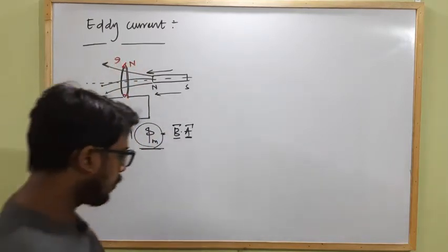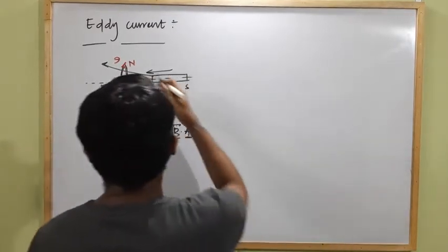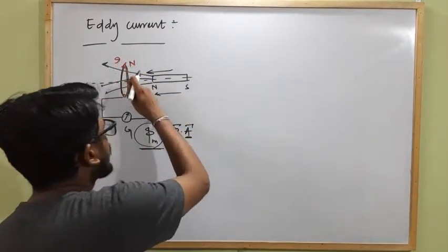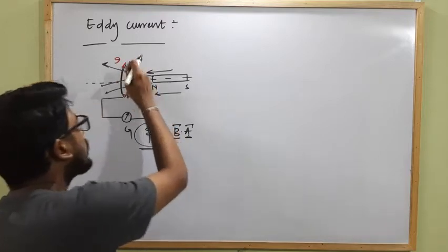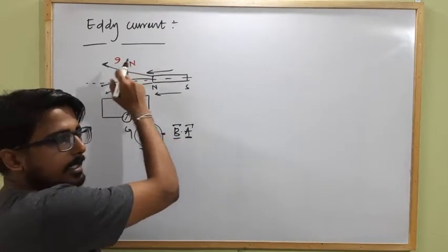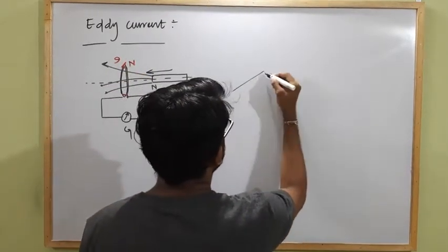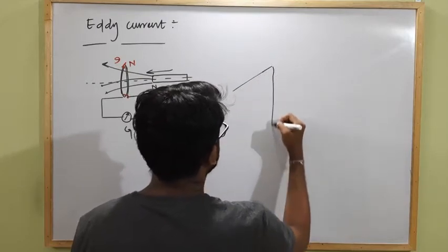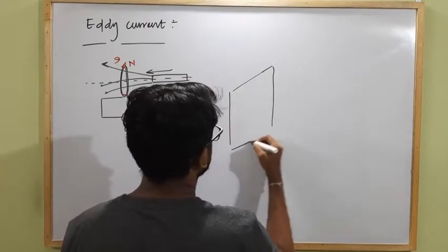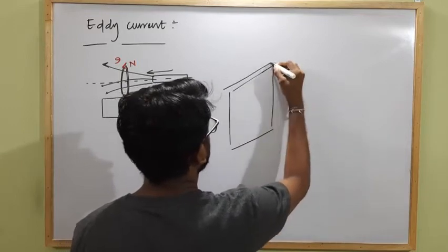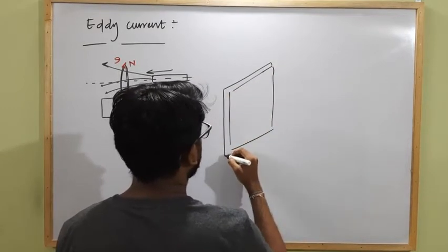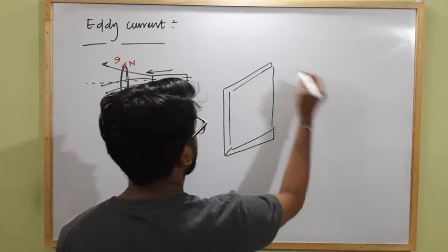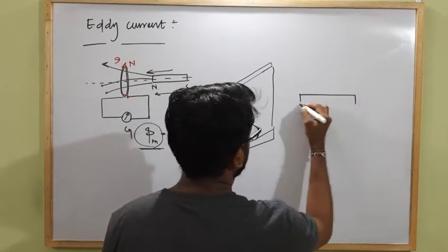But what will happen if, in place of a circular metallic ring, I place a metallic plate like this in front of a moving bar magnet?